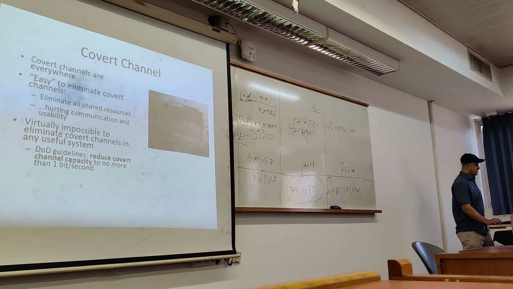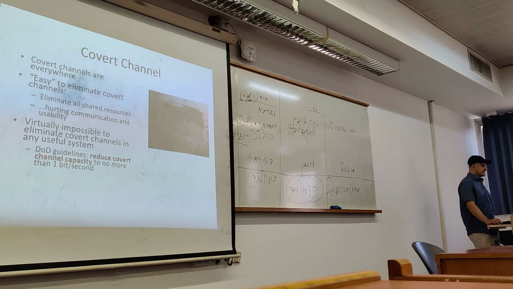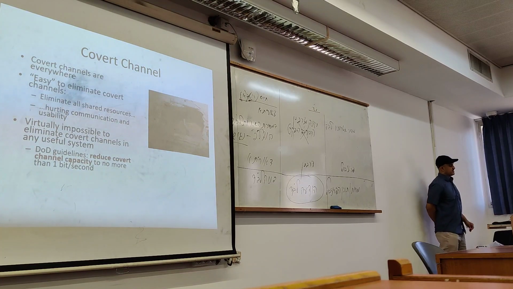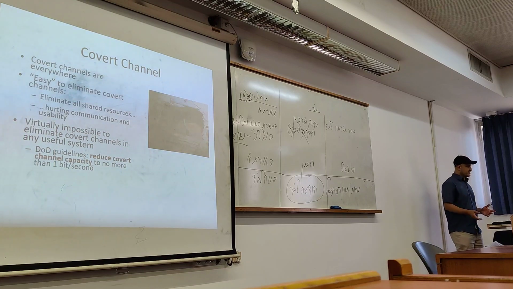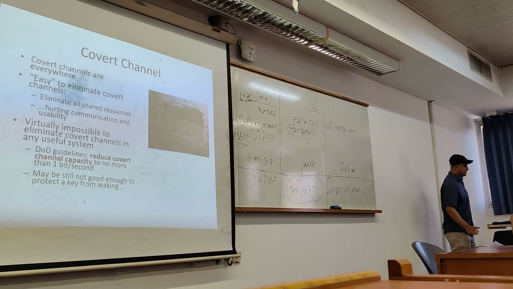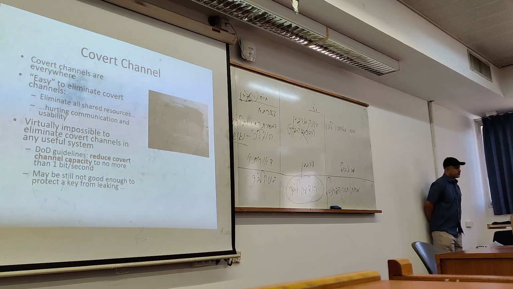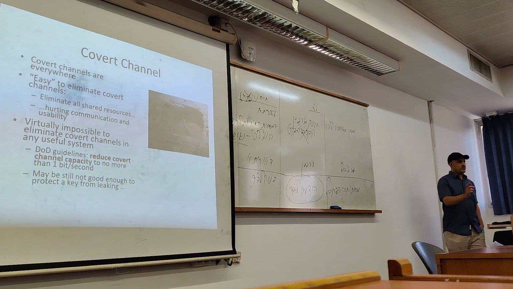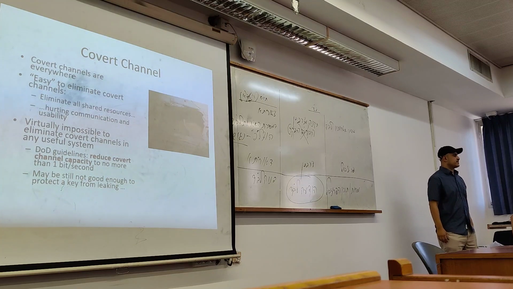So the DoD guidelines, in order to reduce the covert channels, try to reduce the capacity, to no more than 1 bit per second. But still, it's not enough to protect, as I told you, a small sequence. But what does it mean to reduce the covert channel to a capacity of no more than 1 bit?